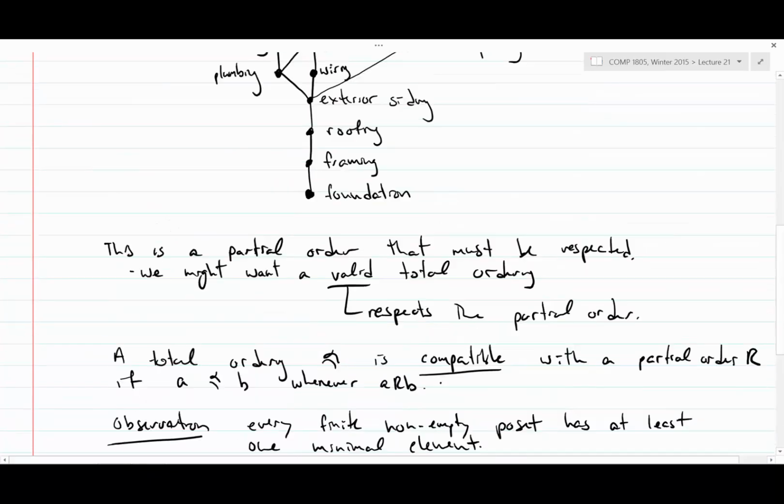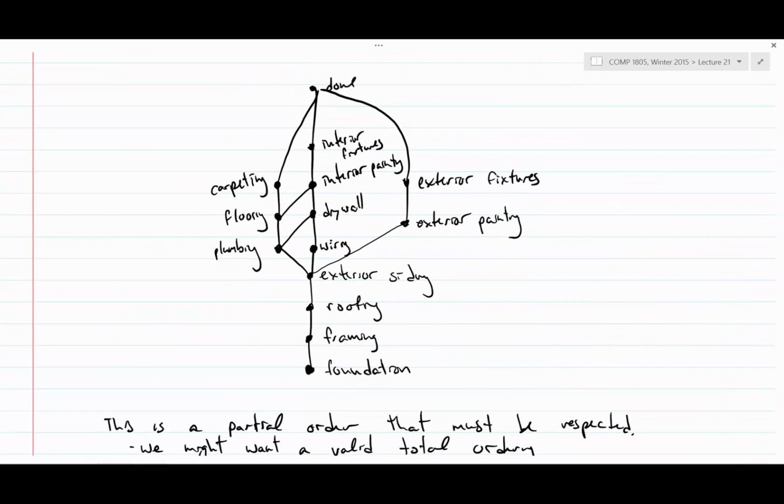Okay, so let's do this other one just verbally. What would the first thing be? Foundation, so maybe I'll number them. Then framing, roofing, exterior siding. What could happen next? Plumbing, sure. What could happen next? Flooring. What could happen next?